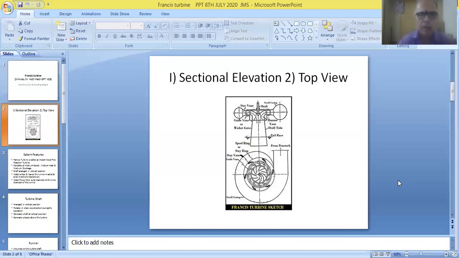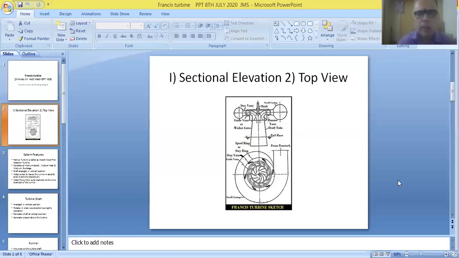They are called runner blades. All these items put together are called the runner assembly, and this assembly will be continuously rotating in clockwise direction as long as the turbine is in a running condition.